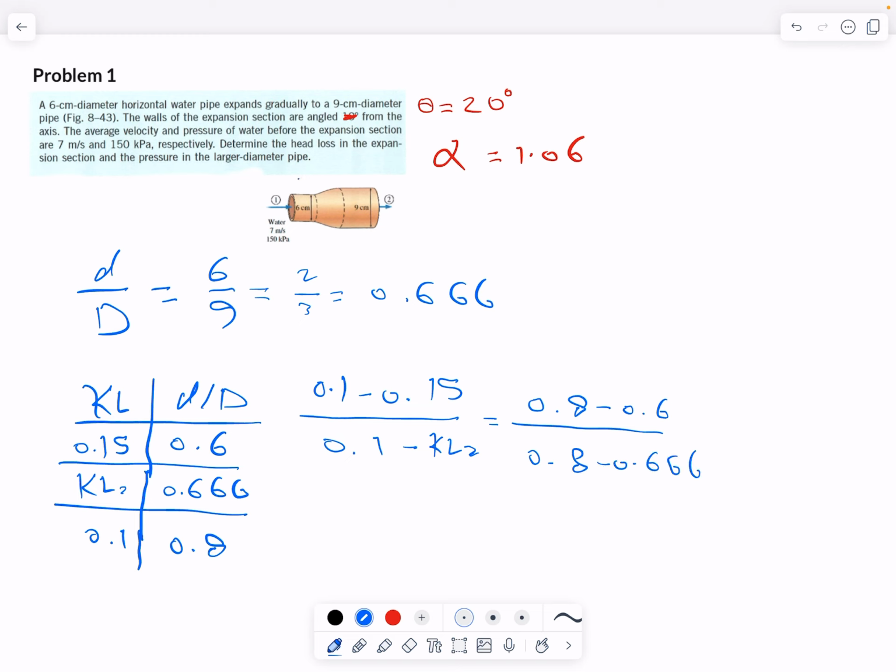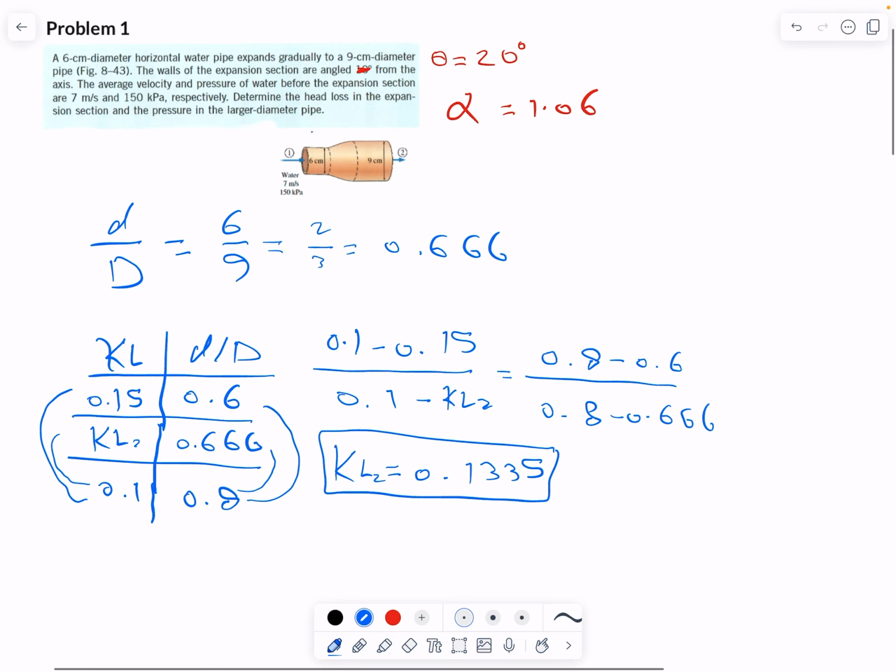What I basically did is I subtracted this from that and then this from that, and the same way on the other side I have to subtract in the same order. After simple math, I will get KL2, which is equal to 0.1335. So now we got the KL for d over D.